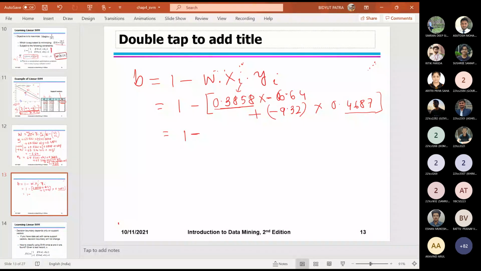How is it coming positive? What is the value? 11.19.